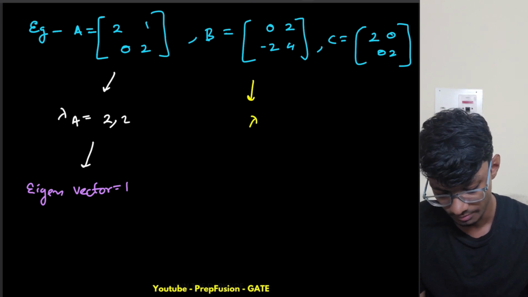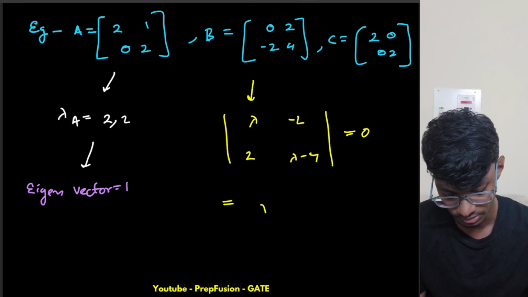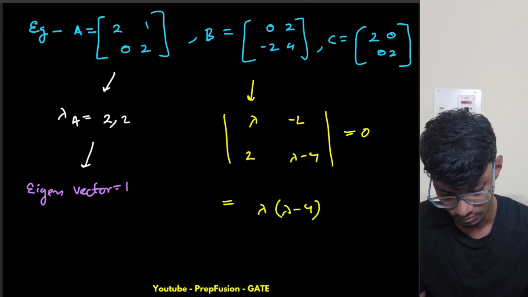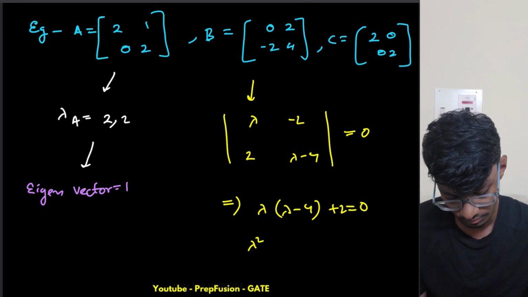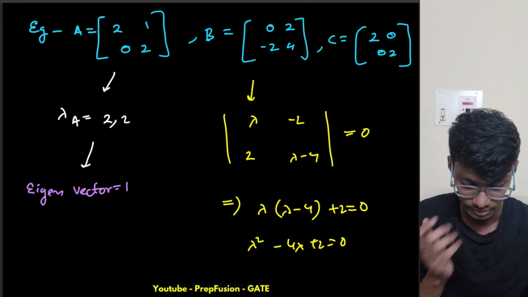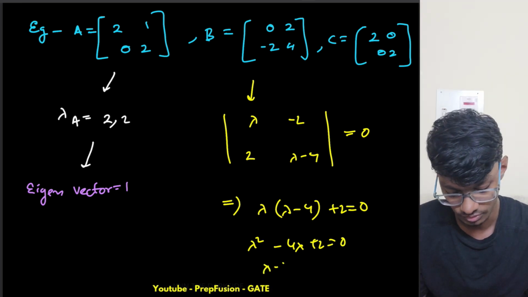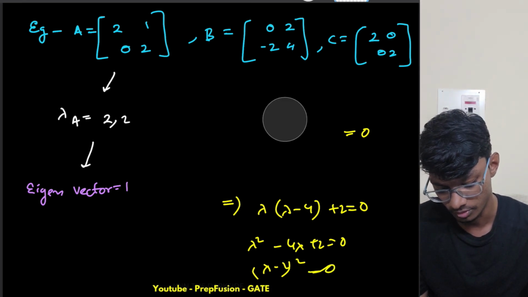So this is lambda minus 2 plus 2 lambda minus 4. Then I will take the determinant, which equals 0. So this is lambda into lambda minus 4 plus 2 equals 0. Lambda square minus 4 lambda plus 2 equals 0. Okay, so what do we get? Lambda minus 2 whole square equals 0. So I get lambda equals 2 comma 2.